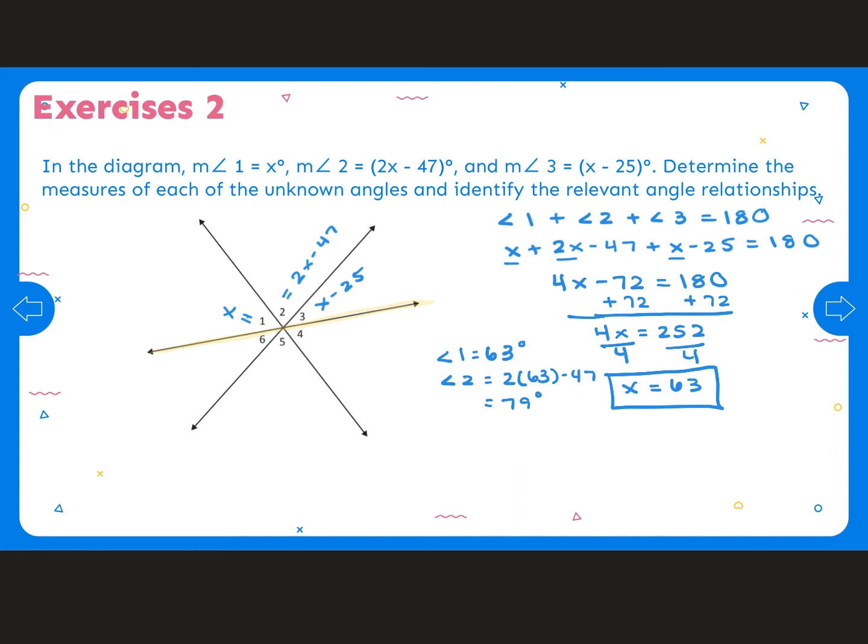The measure of angle 3, again, we're going to plug in 63 for x. So we have 63 minus 25, which gives us 38 degrees.